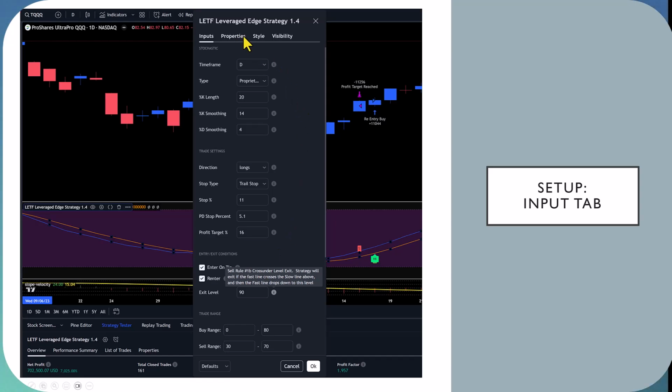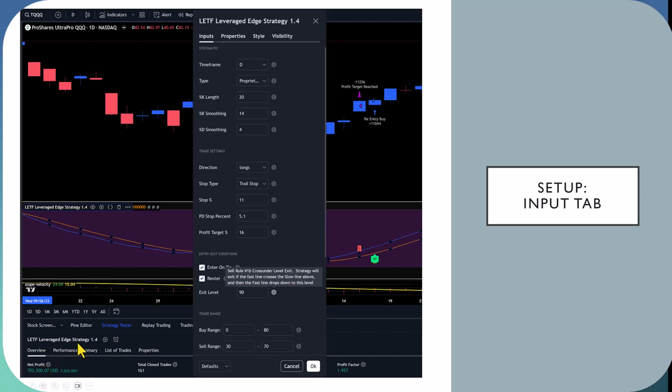So there's another tab. There are actually 4 tabs within settings. The input and properties tabs are usually the only 2 that we need to do anything with, and those are explained in detail as part of the training.